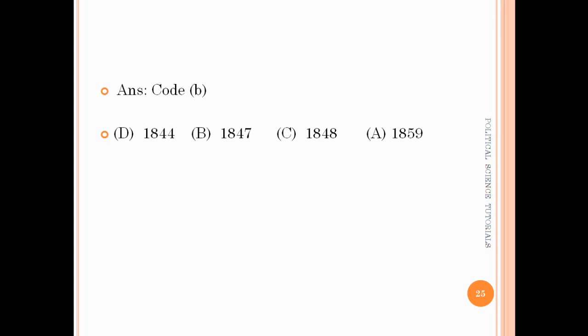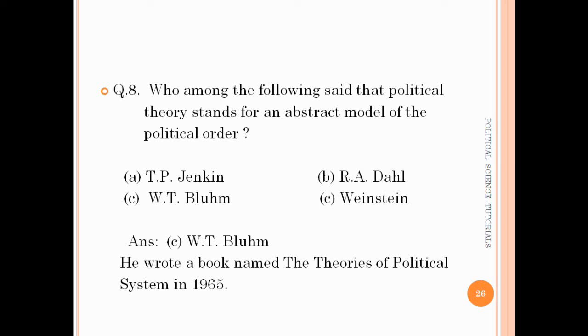Then B, Poverty of Philosophy, was written in 1847. C, Communist Manifesto, was written in 1848. Critique of Political Economy was written in 1859. So the answer is code B, D, B, C, A.